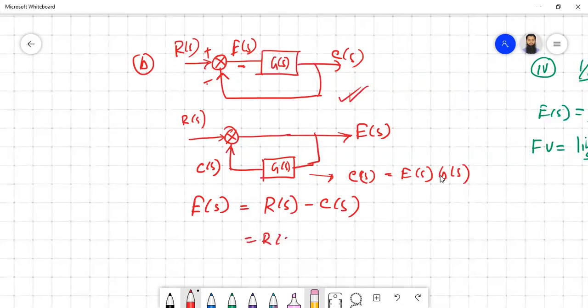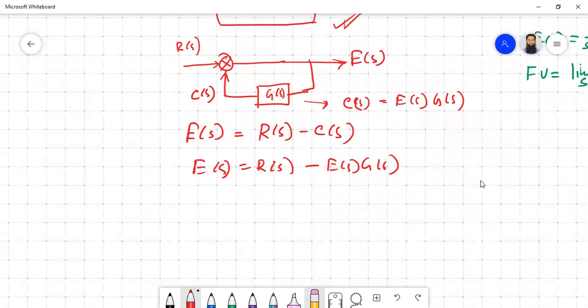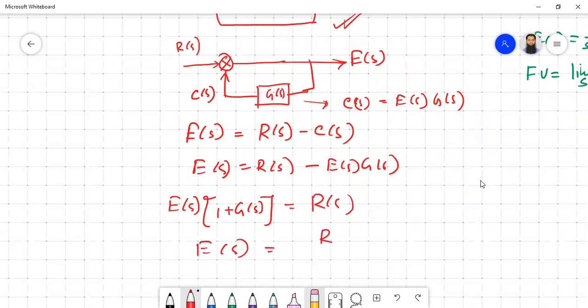So R(s) minus E(s)G(s) is your E(s). Now take the E(s) on one side and take common: E(s)[1 plus G(s)] equal to R(s). So error is becoming R(s) by 1 plus G(s).